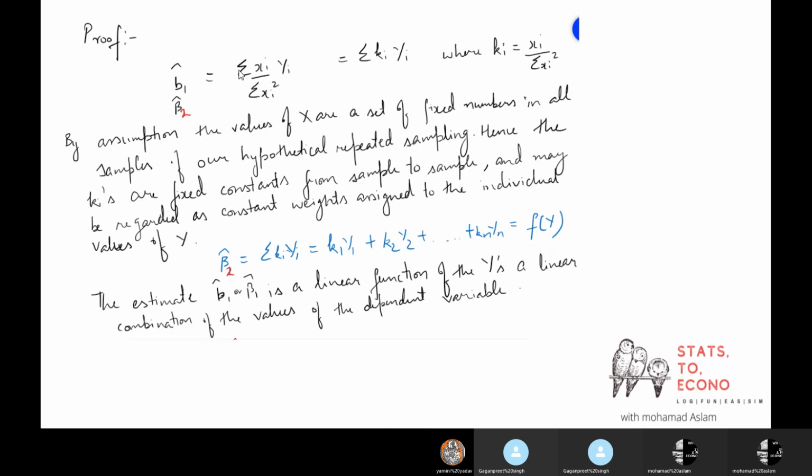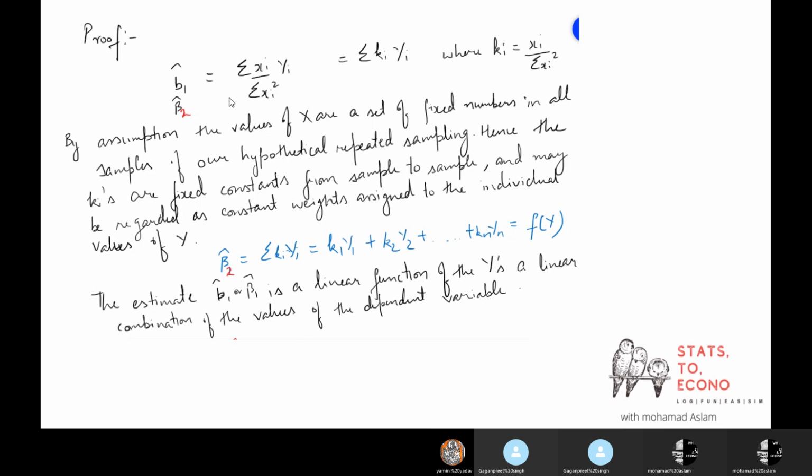This is the derivation that we did with the OLS method in, I think, the second or first lecture of this particular series. So this is the formula for beta 1 hat. Now here you have to see whether this particular component is linear or not.